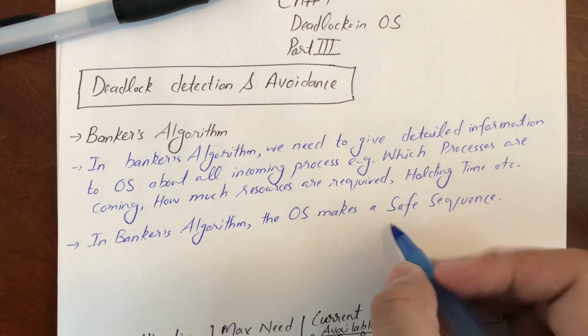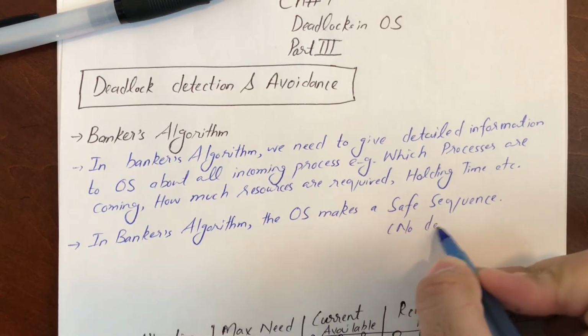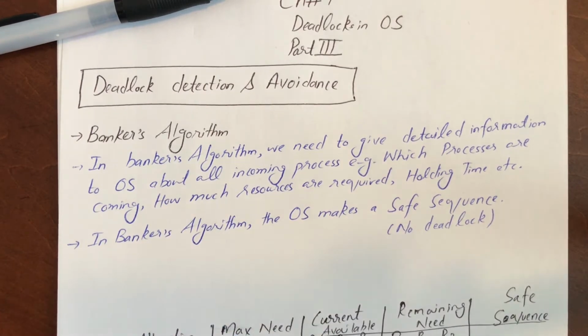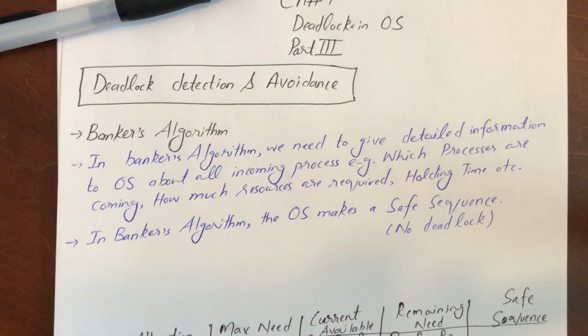Safe sequence means there will be no deadlock. And if Banker's algorithm cannot make a safe sequence, then it means deadlock will occur. So let's understand Banker's algorithm with a small example.